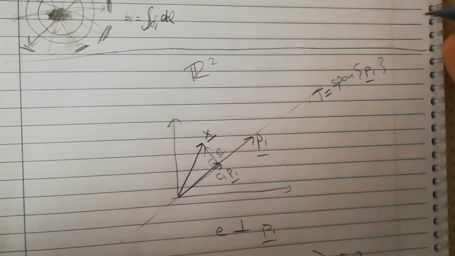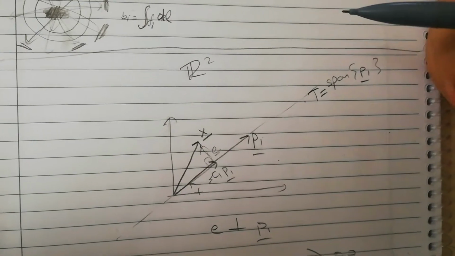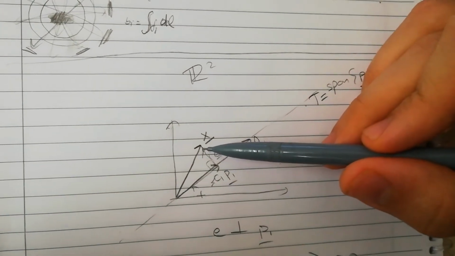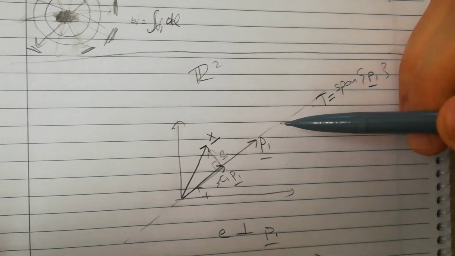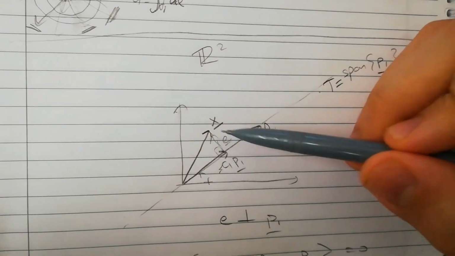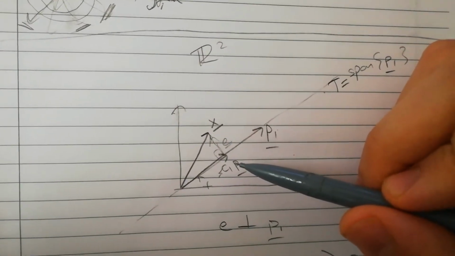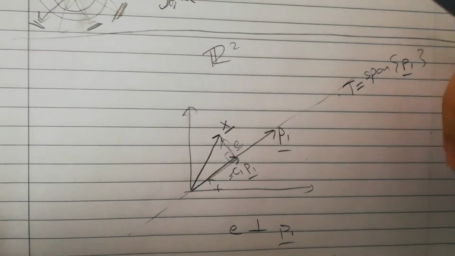The problem is that we want to find the x such that the approximation error E is as small as possible. Geometrically, we can see that the error is perpendicular to P1, our subspace basis, when the error is minimized.